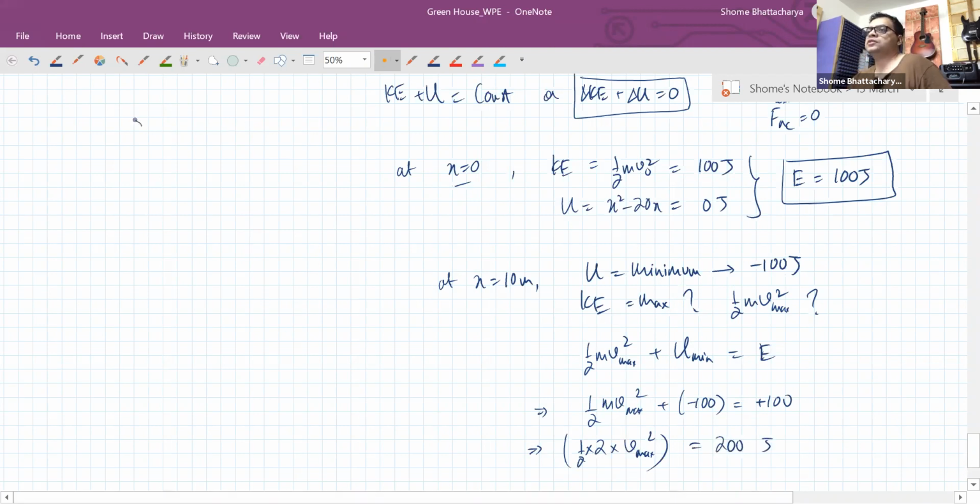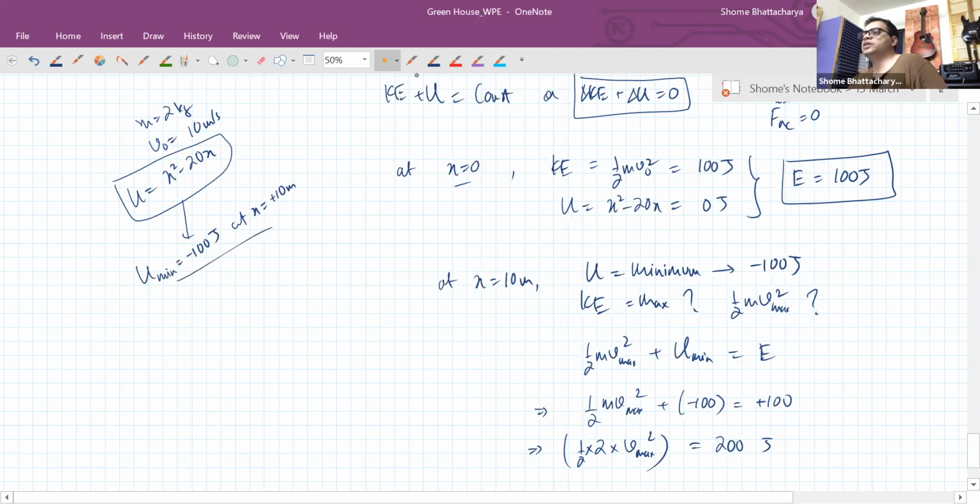His mass was 2 kg, v naught was 10 meters per second. We'd already seen that this has a local minima of minus 100 joules at x equal to plus 10 meters.